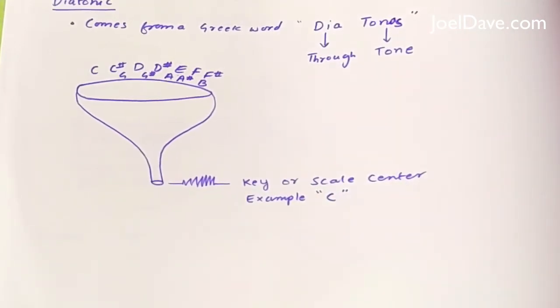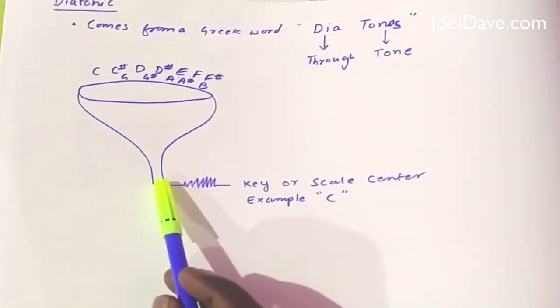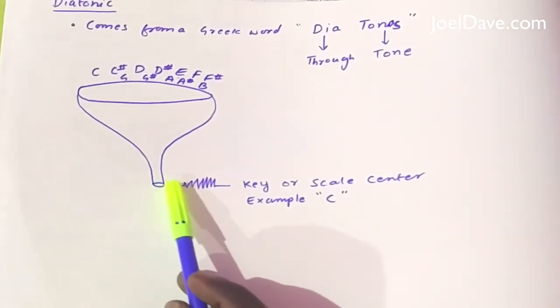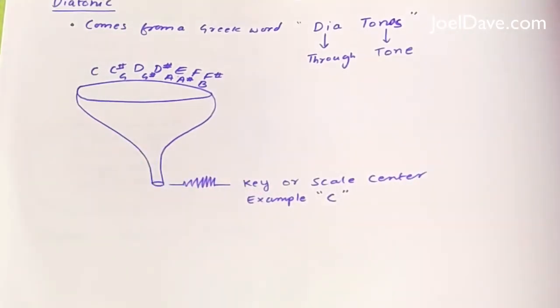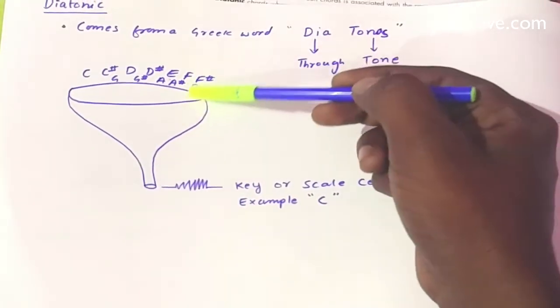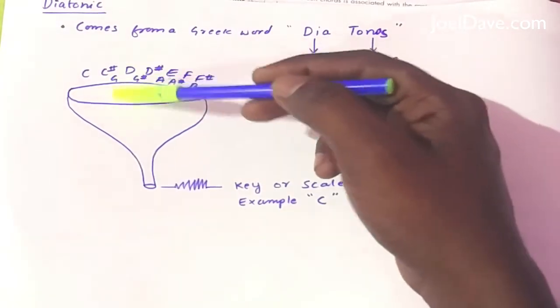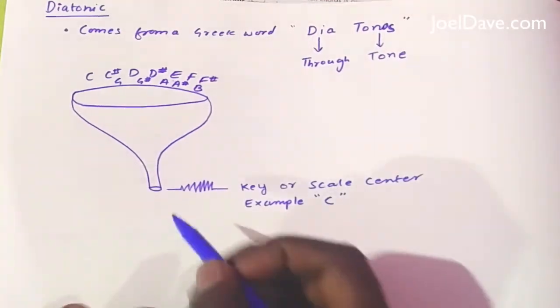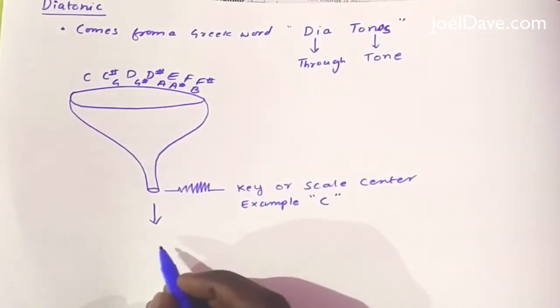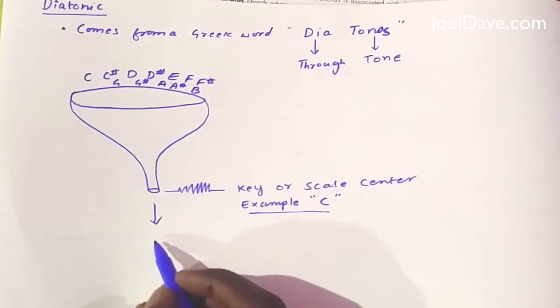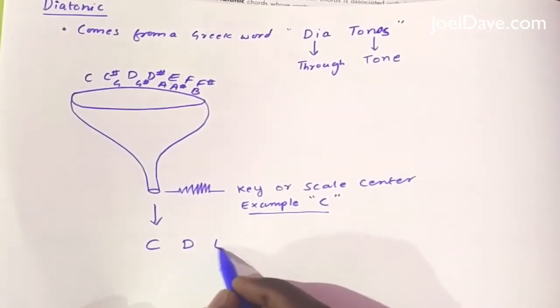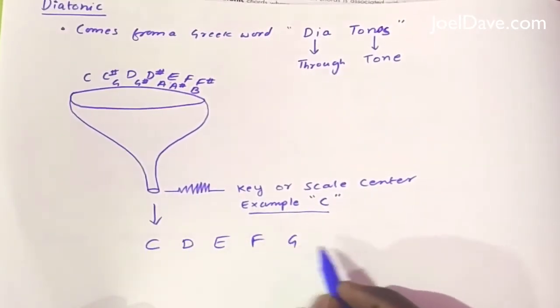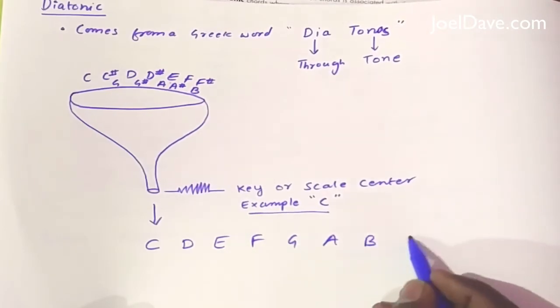Let's take, for example, the key center to be C. Now imagine this filter is C, and you put all the chromatic notes into the funnel, and what comes out, because it's a C major example, is C, D, E, F, G, A, B, C.